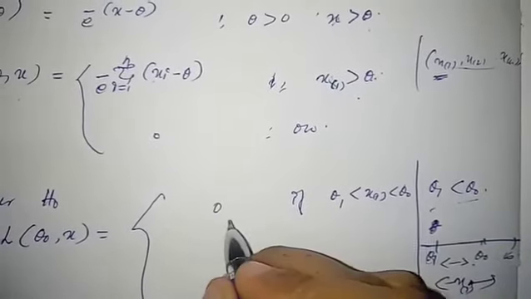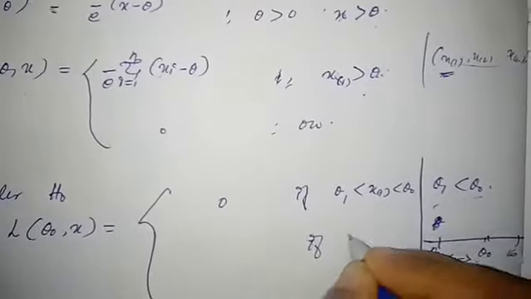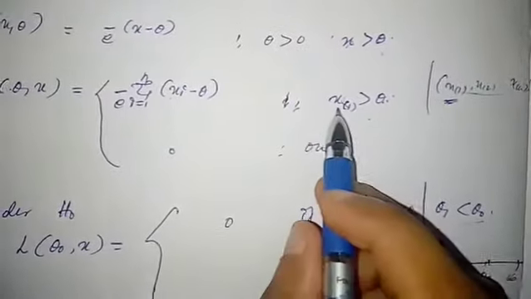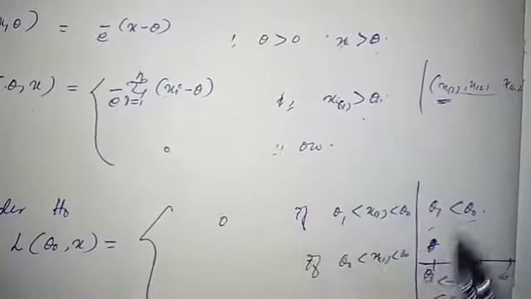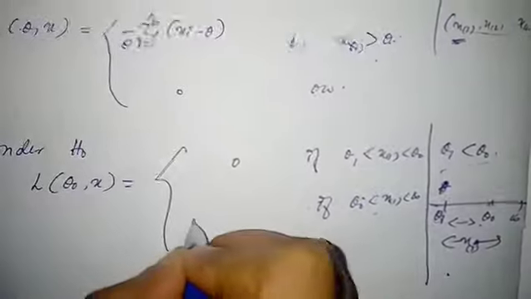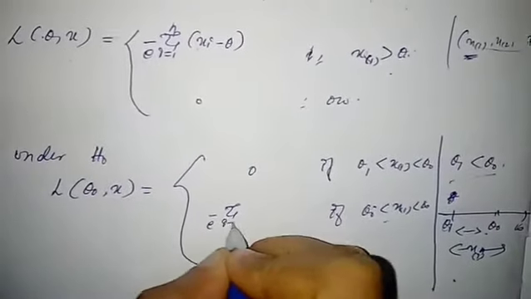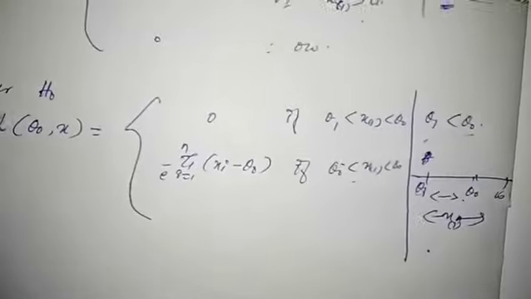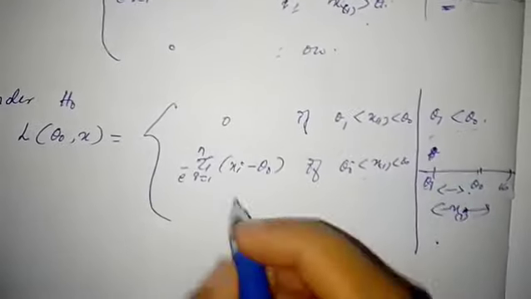So this value is 0. If theta naught is less than x1 is less than infinity, that is x1 is greater than theta naught, then the likelihood becomes e power minus summation i equals 1 to n of (xi minus theta naught), and 0 otherwise.